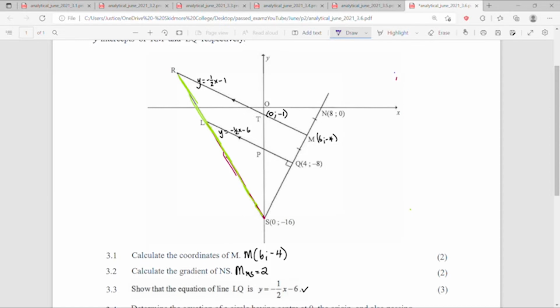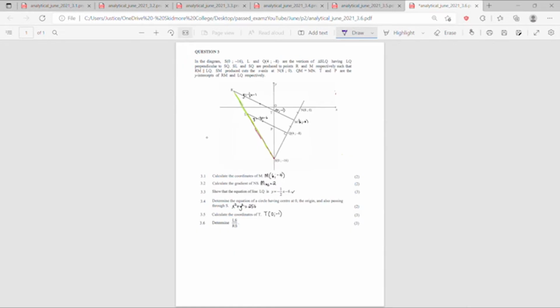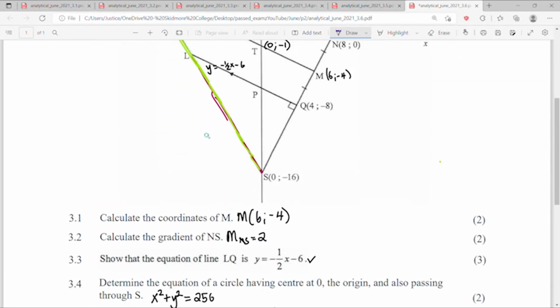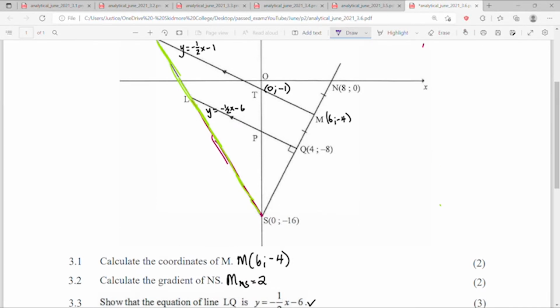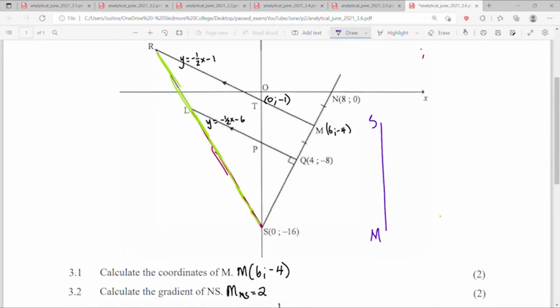Let's put one straight line first here, and I'm going to put the S up here, and then we're going to have M here. I'm writing it right side up so that you see exactly what's happening. Then we're going to have a straight line going that way, and this line is going to go up to R. And then we're going to have this one here.